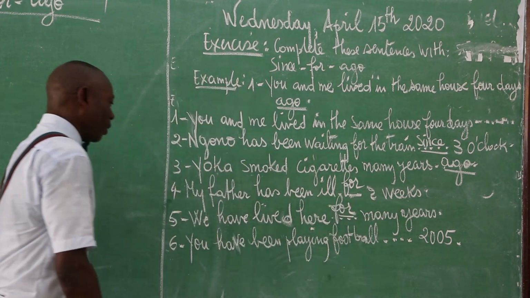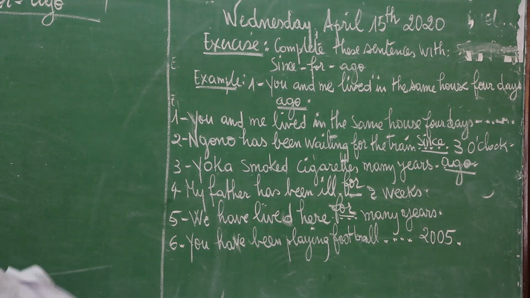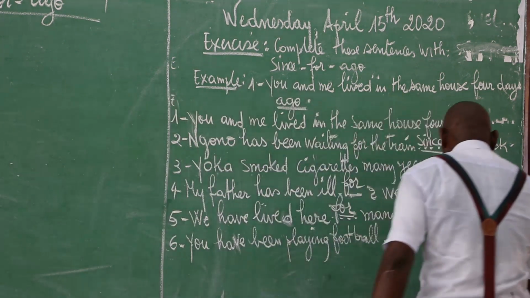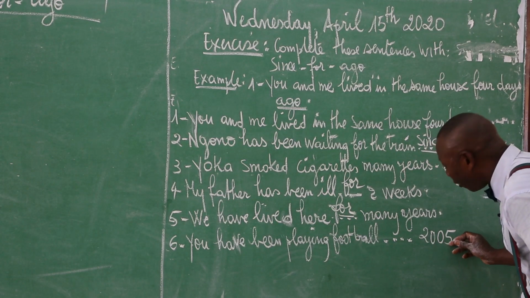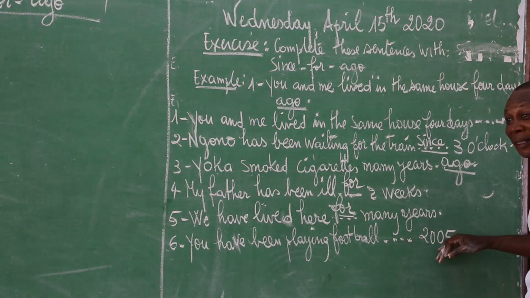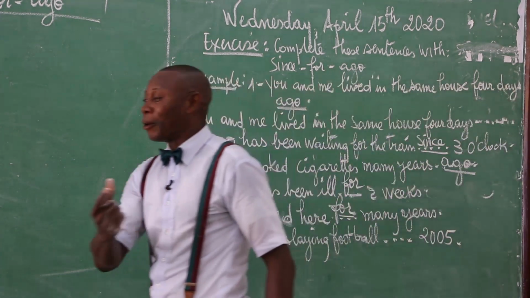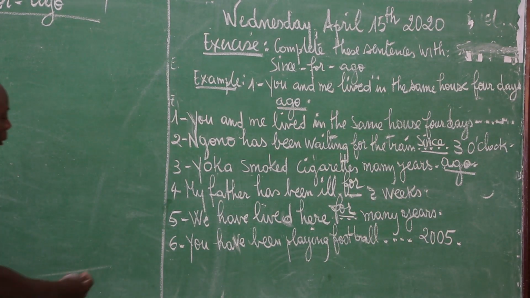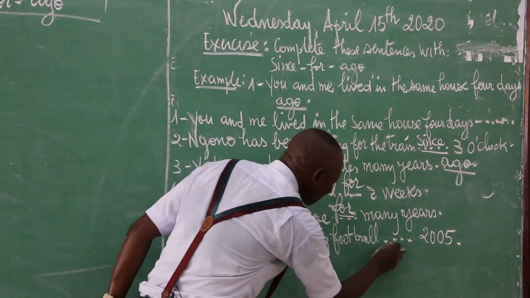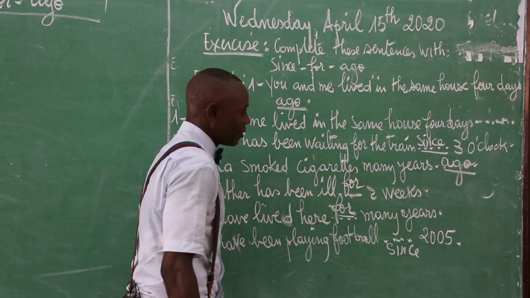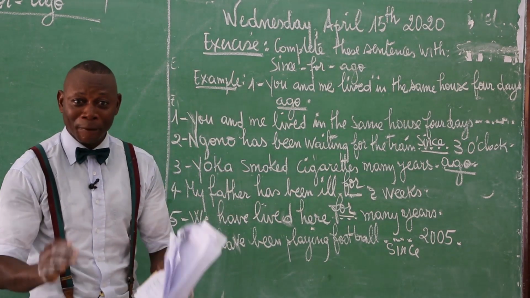Good. And the last one. You have been playing football 2005. Here the starting point is given. We say since: you have been playing football since 2005. Right? Have you understood?